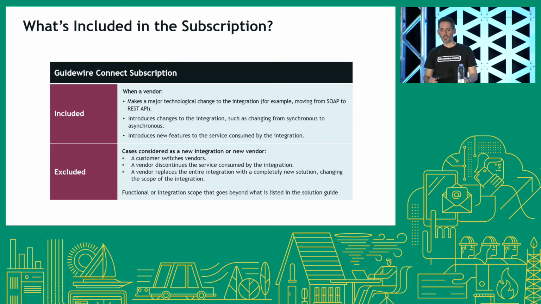To give an example, if one of the integrations is motor vehicle records, the MVR records, that integration is part of the guide. There is a Guidewire Connect app for that. If the customer, as part of the implementation, uses the MVR record in their rating algorithm, that is something they are doing as part of the implementation. It's not part of what is maintained by the Guidewire Connect app subscription, but the integration itself is.